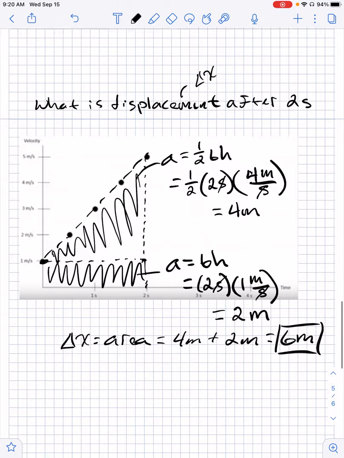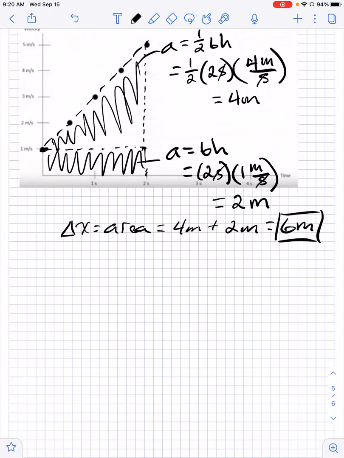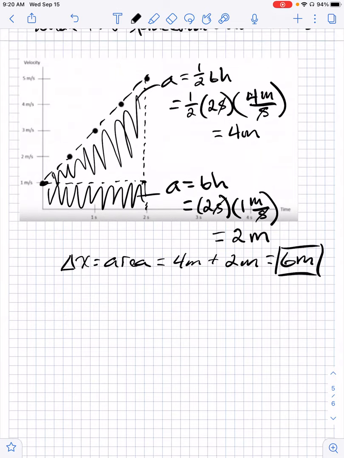So when we have a velocity time graph, we can find the area under the curve, and that will tell me the object's displacement. Let's look at that and see what's happening. We're taking the velocity and multiplying the velocity by time. We're taking our y-axis and multiplying it by our x-axis.